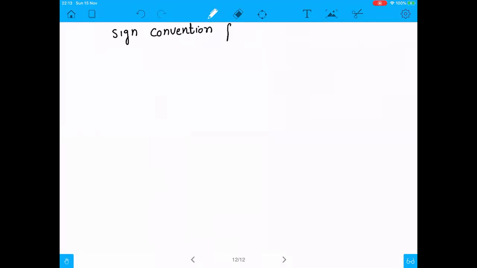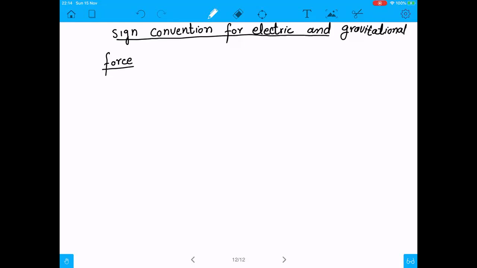Sign convention for electric and gravitational force. One sign convention was for vectors that you studied in your A1. It was, if you take the direction towards right as positive, then the direction towards left will be negative.